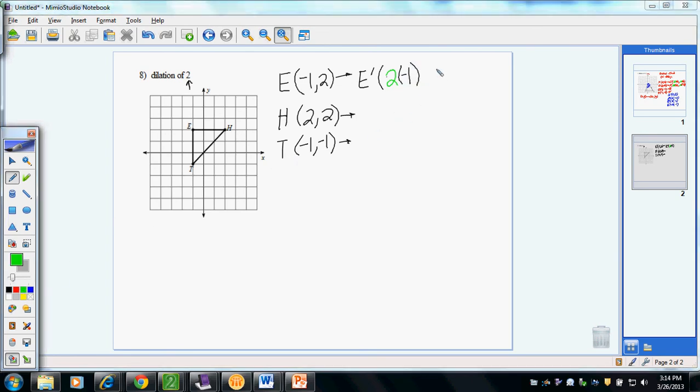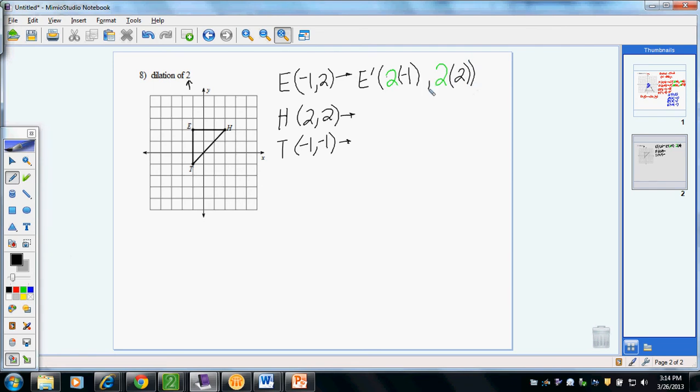And then again, our scalar here, multiplying to our original y. Alright, so if we simplify those, E prime is now going to be negative 2 and 4. We just multiplied our original ordered pairs by a factor of 2.